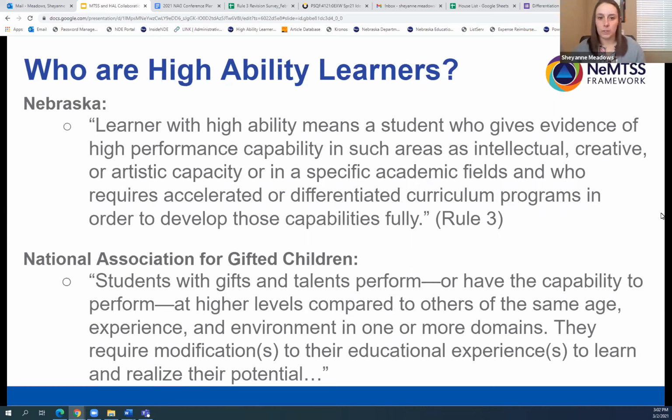And this is someone who requires some kind of accelerated program or curriculum in order to develop their talents. The National Association for Gifted Children defines a high ability learner or a gifted child as someone who has those talents or has the potential to perform at those levels. So when we're thinking about high ability learners, we want to think about not only who is already performing there, but who has those capabilities to perform at a higher level.